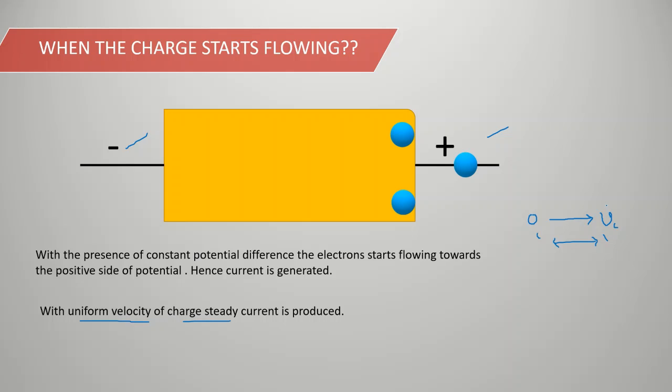We directly consider the steady velocity part so that we can achieve a steady current and do all our study and calculation. Thus the equation for current is I = Q/T, the rate of flow of charge per unit time, and the SI unit is the ampere.